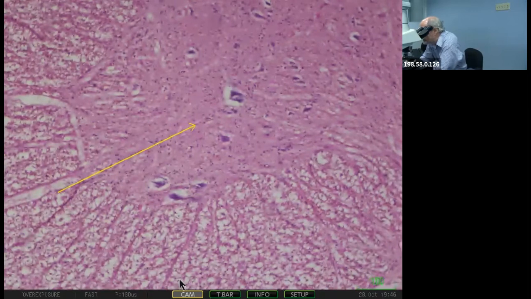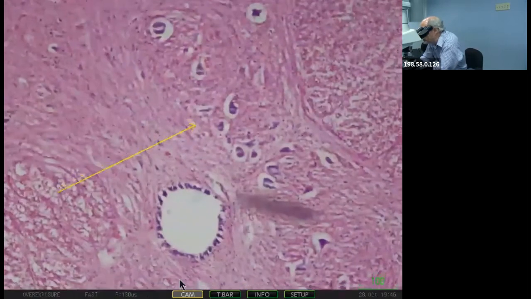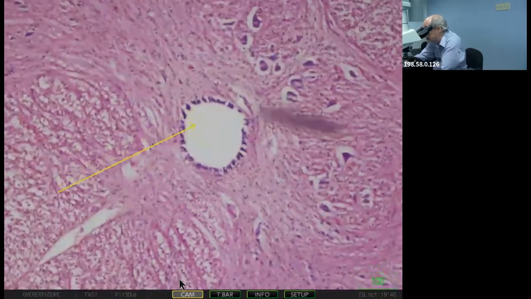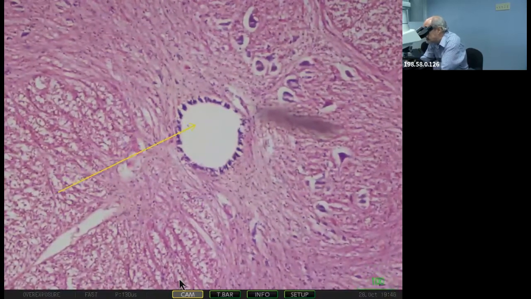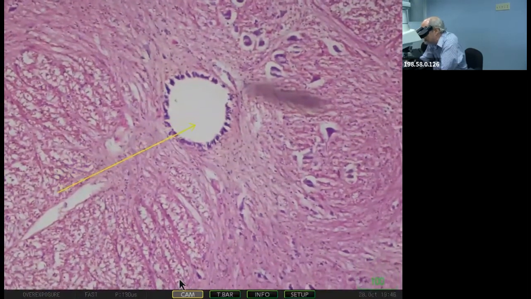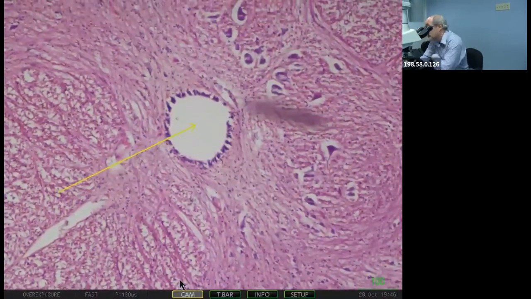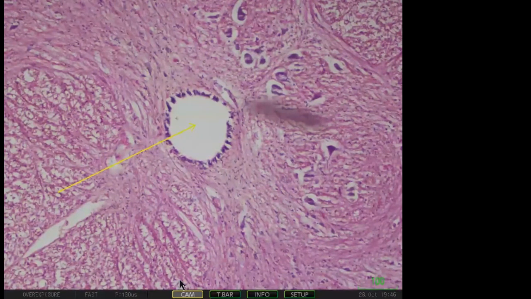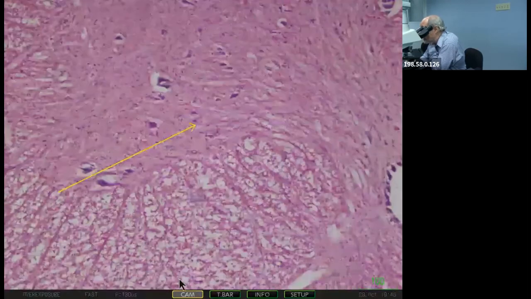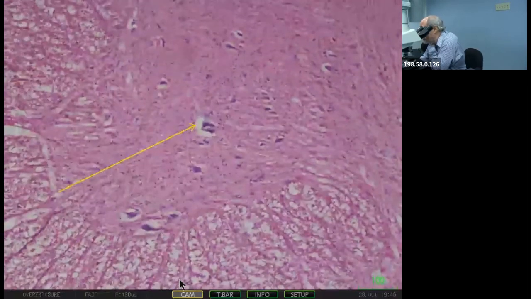It will be relatively easy to recognize the spinal cord. So what is this little hole? What is that? Central canal. Good.